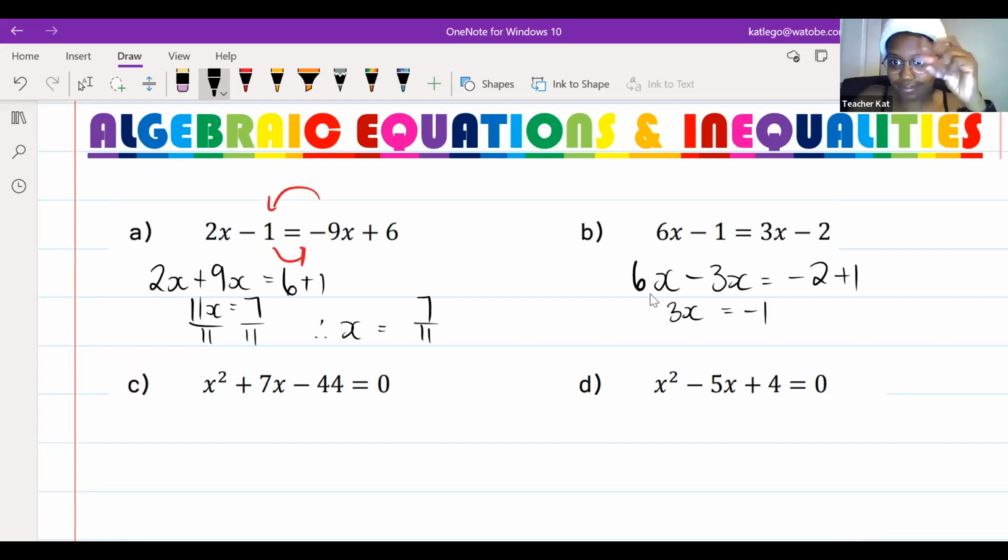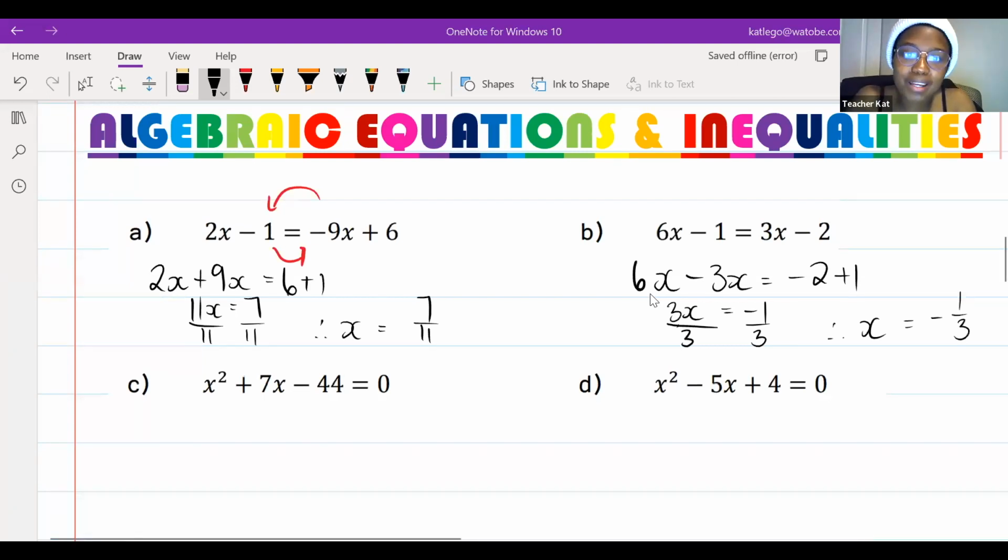And then we're going to be dividing by 3 on both sides. So we're gonna have x is equal to negative 1 over 3. Beautiful. Thank you very much for helping me with that one. That was fabulous. Much appreciated, guys. I love when you guys participate.